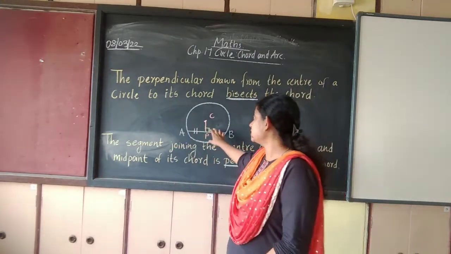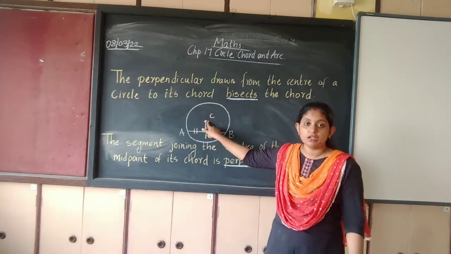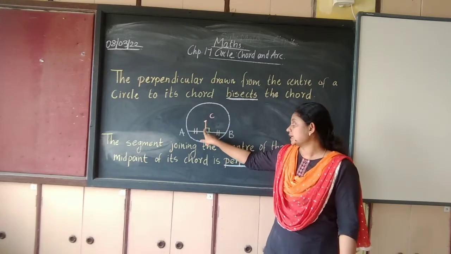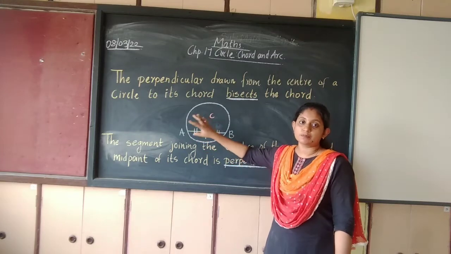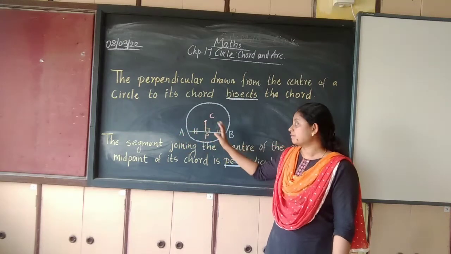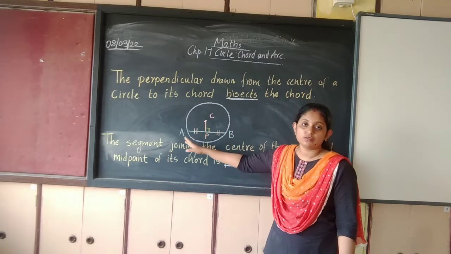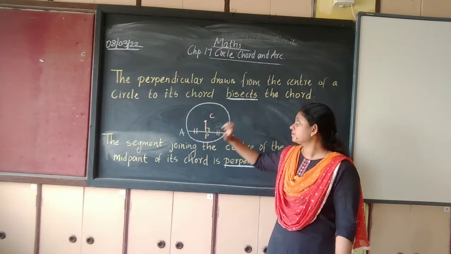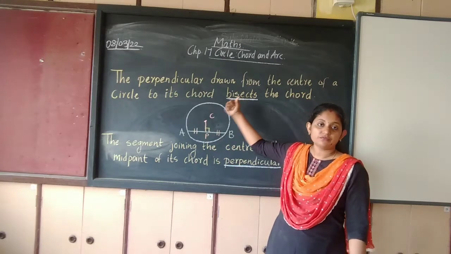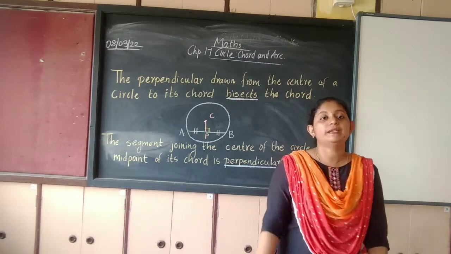Whenever a segment from the center joins the chord perpendicularly, it bisects the chord. Suppose the chord is 10, so half is 5 and 5. So AP will be 5, BP will be 5. That is what we have seen for the first property.